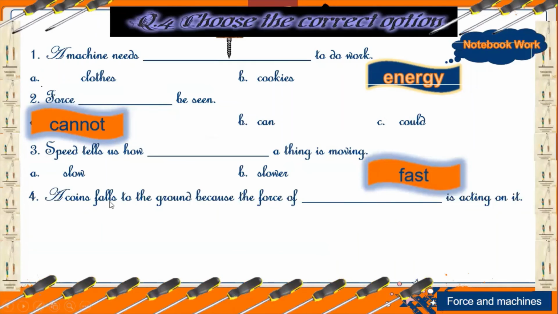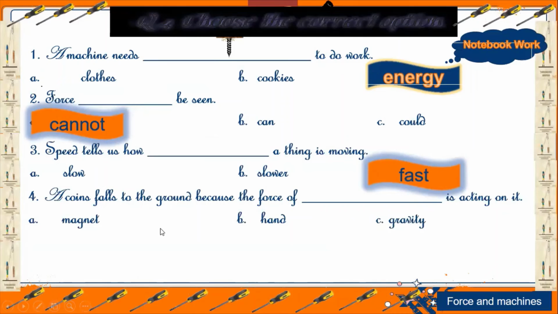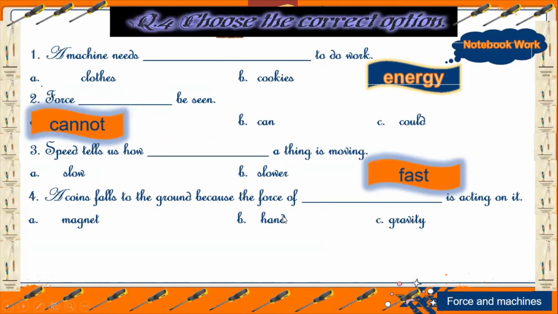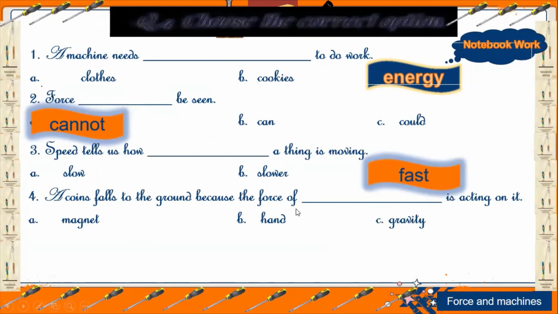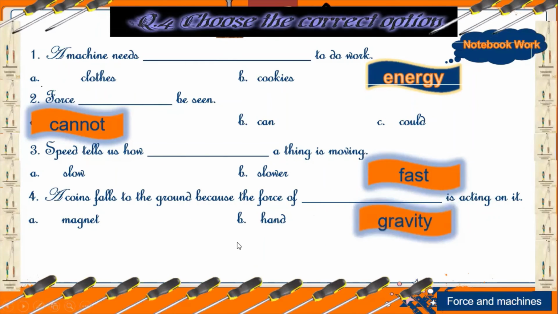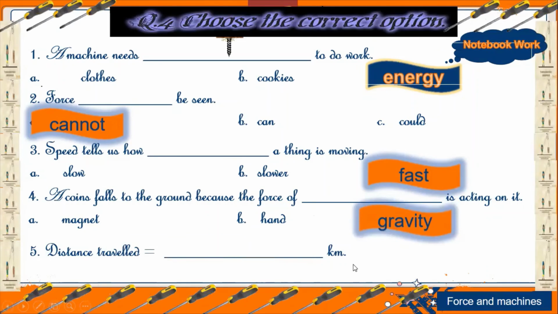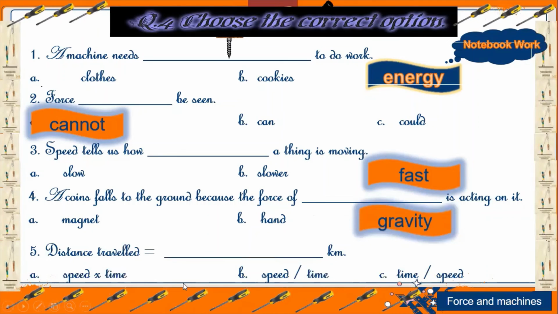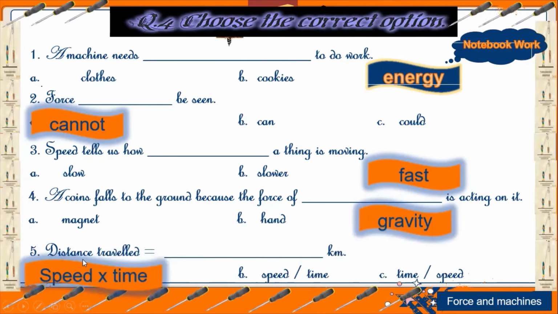A coin falls to the ground because the force of dash is acting on it. Magnet, hand, gravity. A coin falls to the ground because the force of gravity is acting on it. Distance traveled is equal to dash kilometer. Distance traveled is equal to speed multiplied by time.